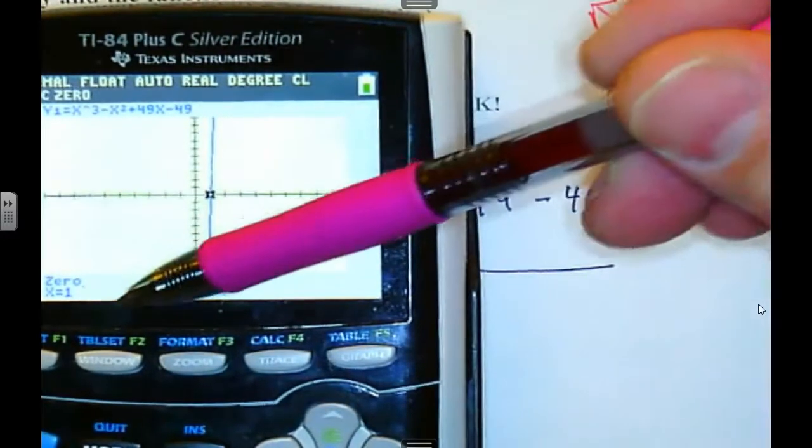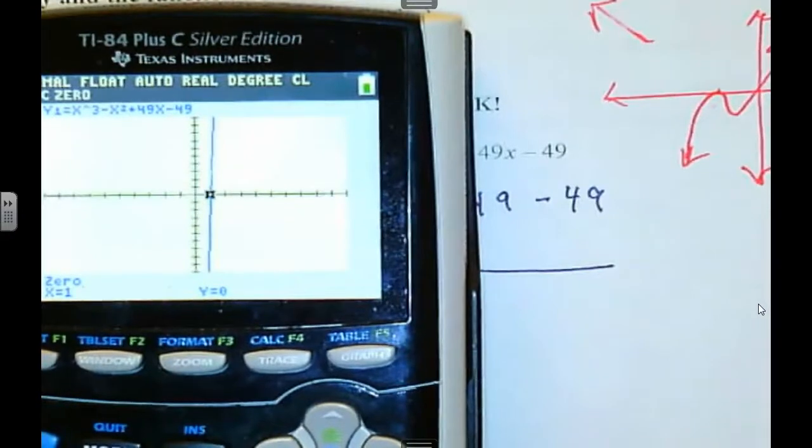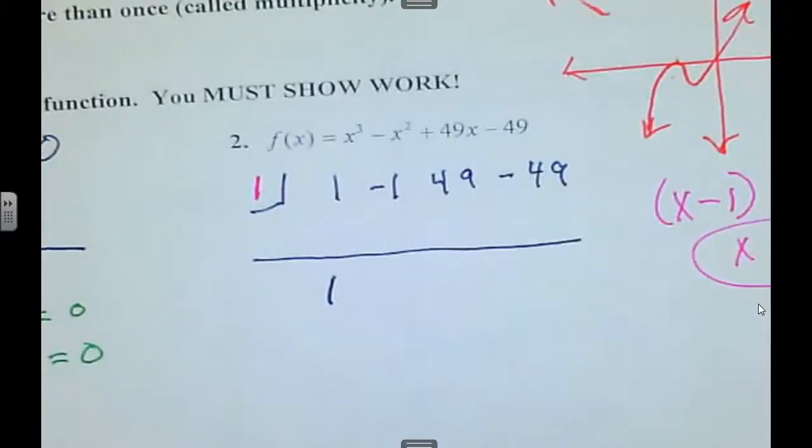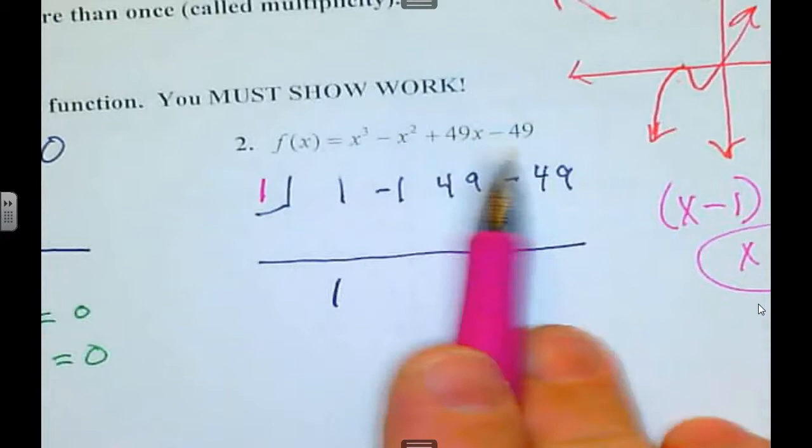That gives you the x-intercept, 1, 0, or the solution 1. What that means is it has a factor of x minus 1 equals 0. Okay, x equal 1. That's one of your solutions. If I were to factor, that's the whole thing that we're doing here, is we're factoring this.